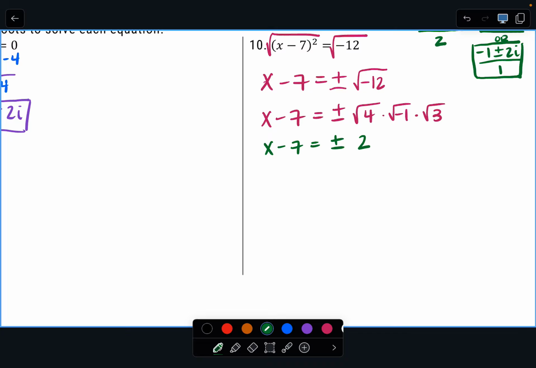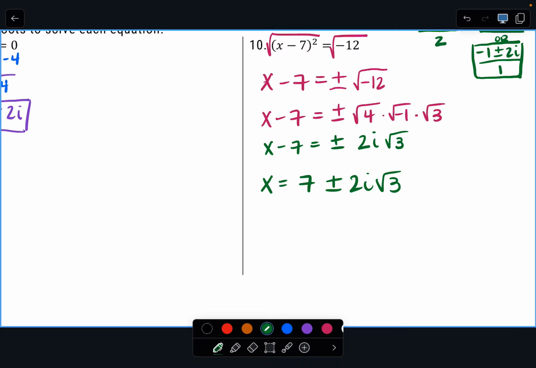What's the square root of negative 1? i. And then can I simplify the square root of 3? No. So it's going to stay the square root of 3. So all I did was take the parts of negative 12 that could be pulled out of the radical, and I simplified those parts. What is my last step? Add the 7. So I'm going to have x equals 7 plus or minus 2i square roots of 3.